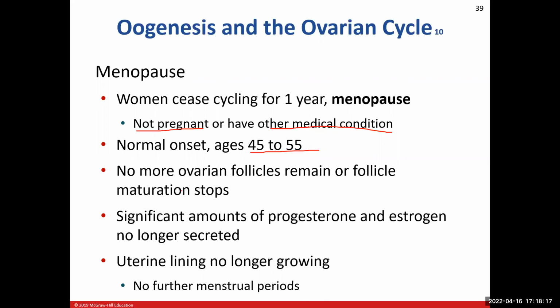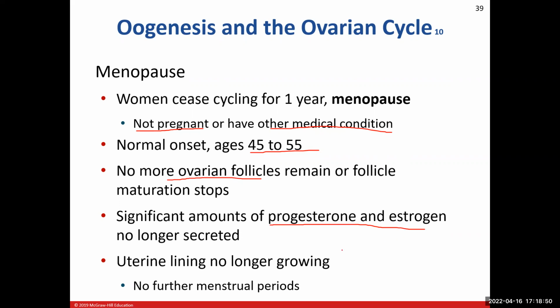And so here we'll see in menopause, no more ovarian follicles will be remaining in the ovaries, left or right. So if you're no longer having the ovarian follicles maturing and releasing the oocytes and causing the development of the corpus luteum and then corpus albicans, then we're not going to get large amounts of progesterone and estrogen being secreted, because we're getting rid of our endocrine gland.